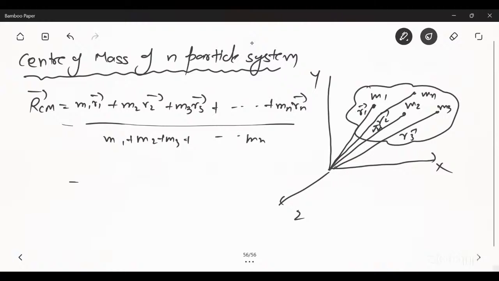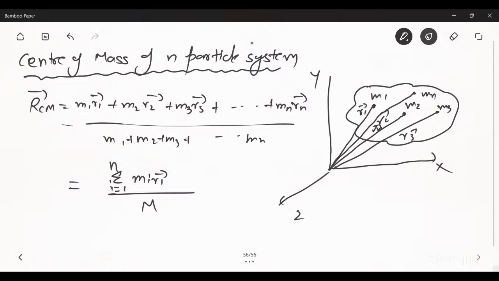So you will get summation i equal to 1 to n, m_i r_i vector, which will be the value of r_CM. Similarly, if you take the coordinate axes, x_CM is equal to summation i equal to 1 to n of m_i x_i upon total m.